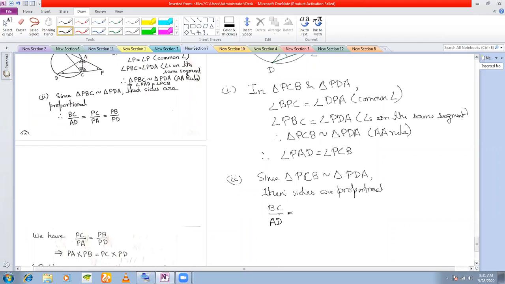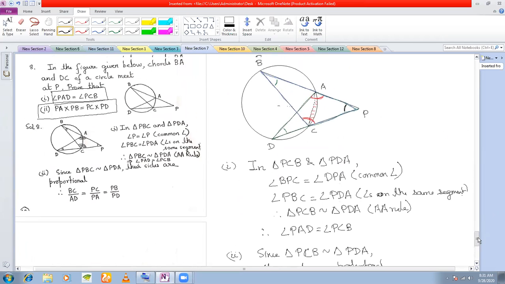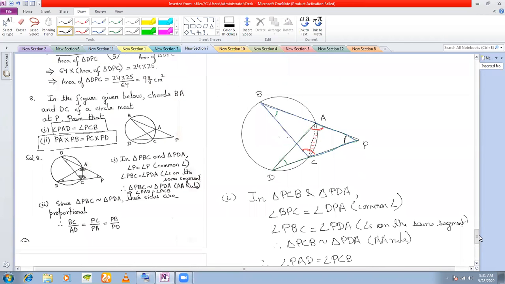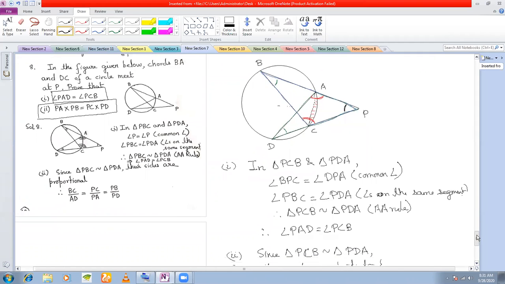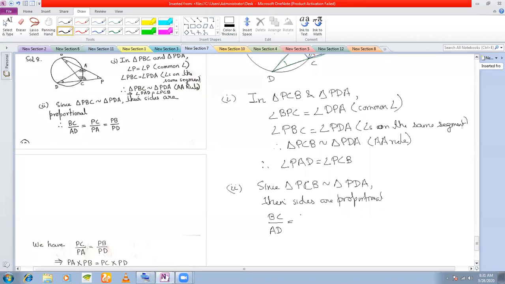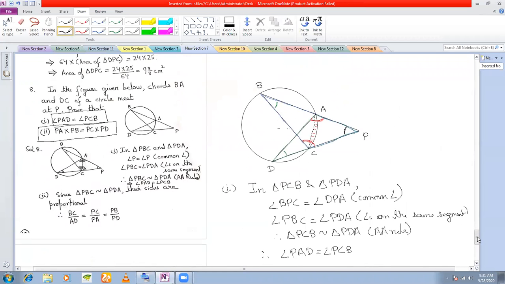Now let us consider the other angle, the green angle. In triangle PCB, the blue triangle, opposite to your green angle is the side PC. Let's write PC. In the other triangle, triangle PDA, opposite to your green angle is the side AP.